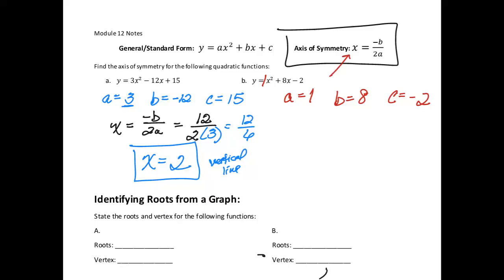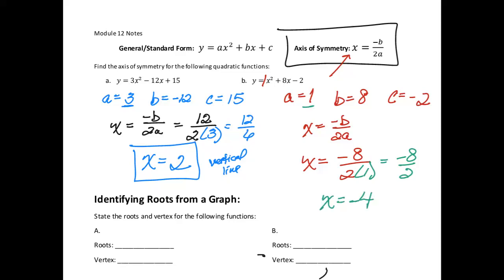Now, using this formula, this is your axis of symmetry. We're going to finish this problem. X is equal to opposite of B divided by 2A. If B is 8, the opposite would be -8, all divided by 2 times A. A is 1. So simplifying, -8 divided by 2. So x is equal to -4.